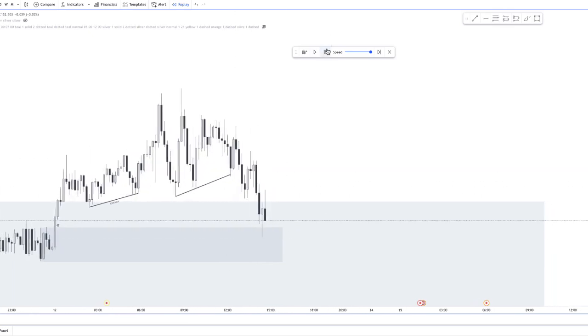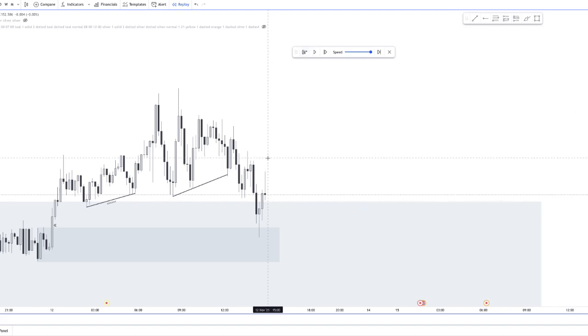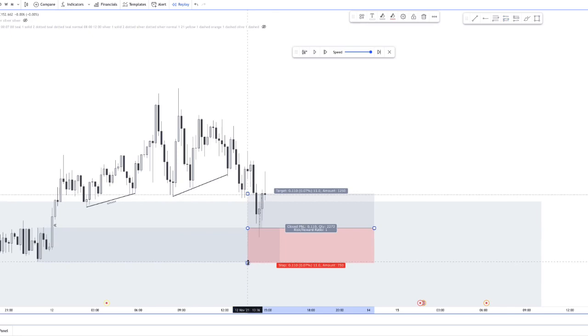Again, price continues to drop. Okay, cool. Now we have a mitigation. They grabbed all this liquidity. You can do a couple of things. The first one is to take this trade immediately, because on daily we are bullish, on weekly we are bullish, and now on 12 minutes we are bullish.